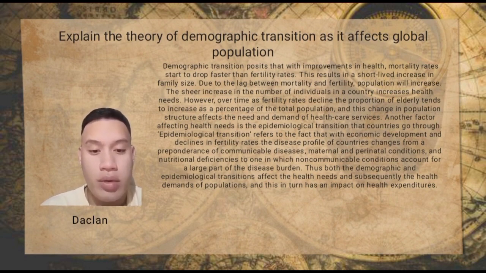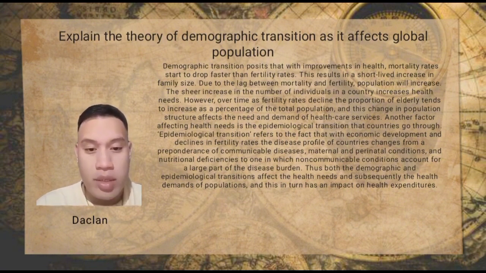Population will increase, and the sheer increase in the number of individuals in a country increases health needs. However, over time as fertility rates decline, the proportion of elderly tends to increase as a percentage of total population. This change in population structure affects the demand for healthcare services.